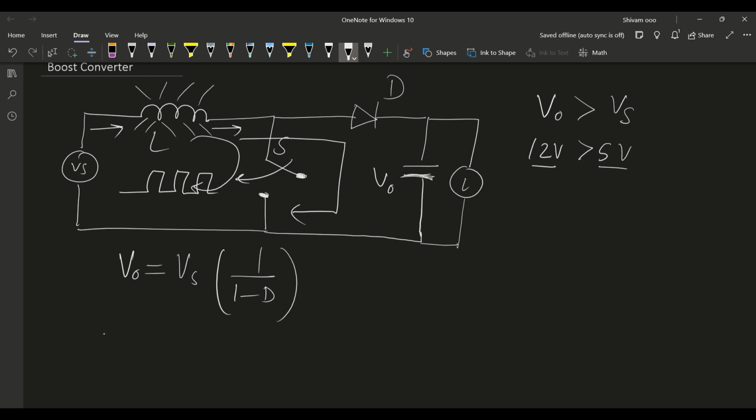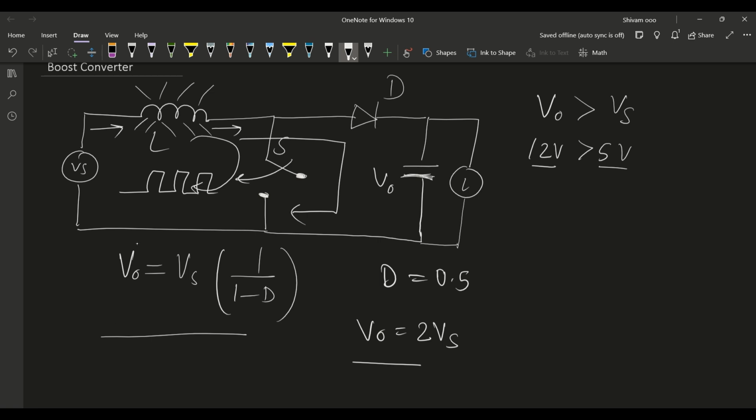From that we can derive this formula. You can see, if I want to double my voltage, I will take the duty cycle to be 0.5, and my output voltage will be double the input voltage.